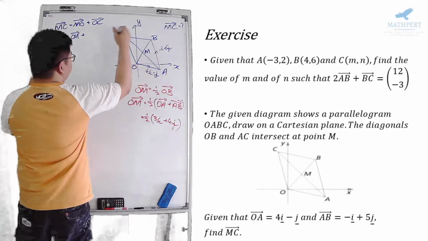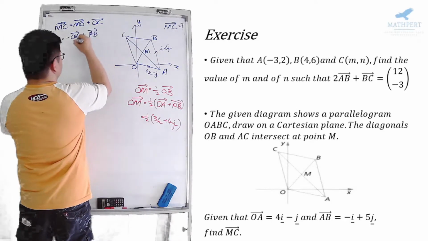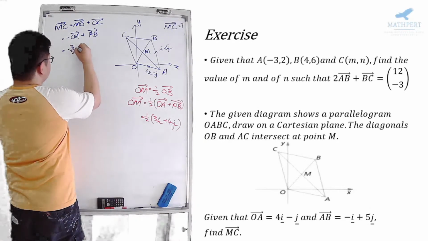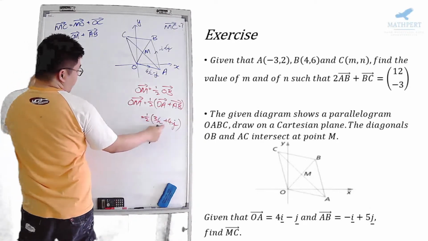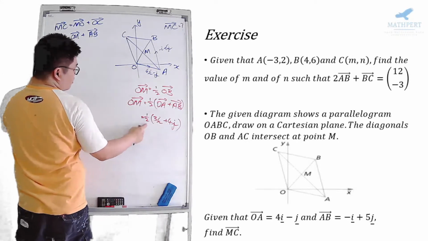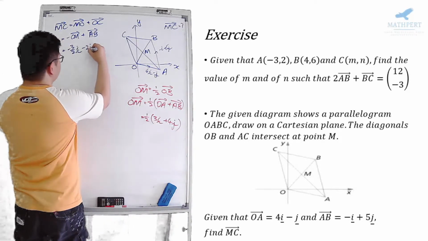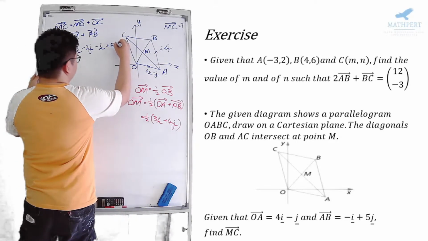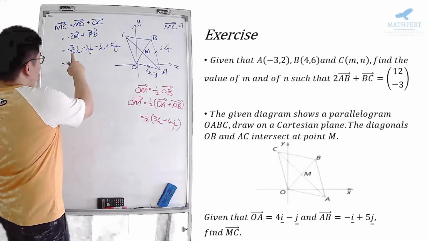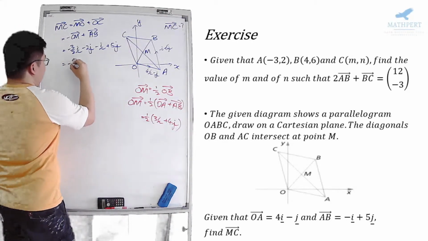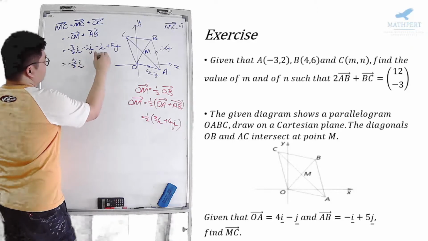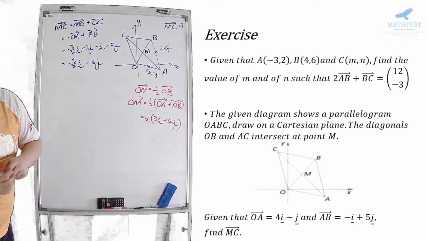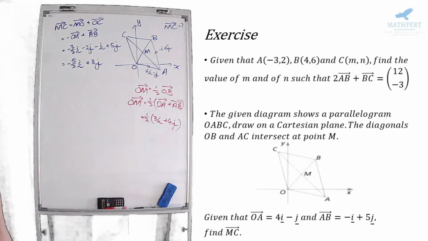OC is AB. So negative OM is negative 3 over 2 i minus, 4 over 2 is 2, minus 2j. AB will be minus i plus 5j. Okay, i and i, I will get minus 5 over 2 i. Minus 2 plus 5, I get plus 3j. Right? So this will be our answer.